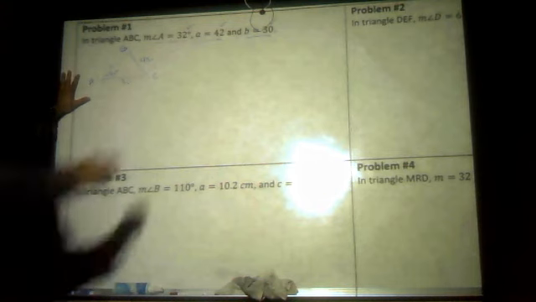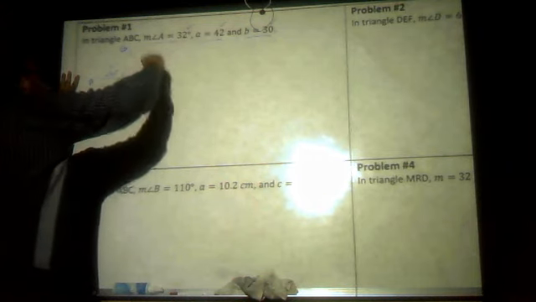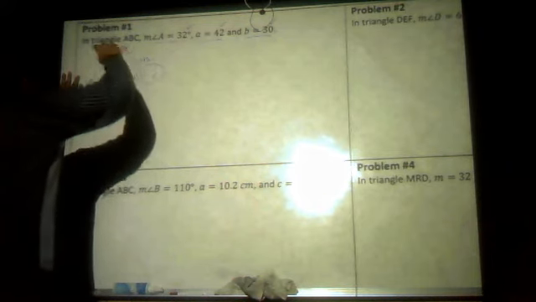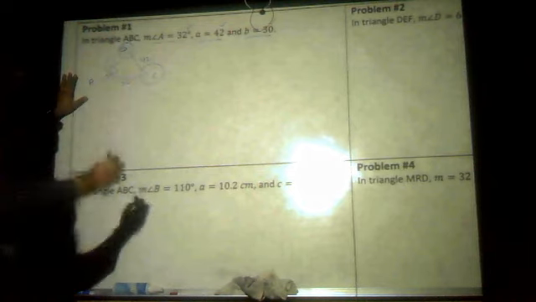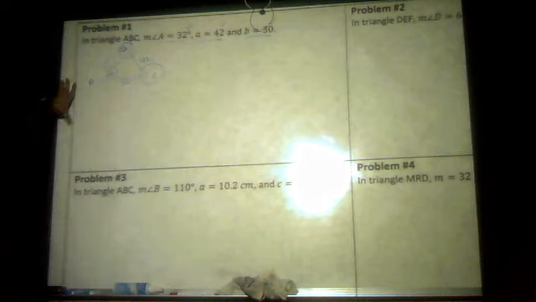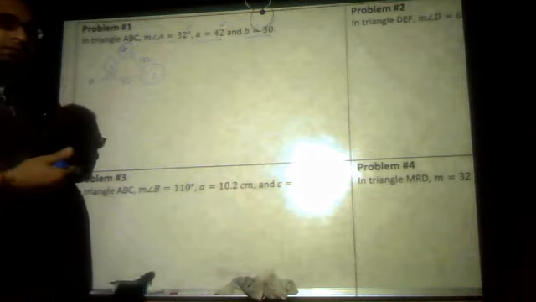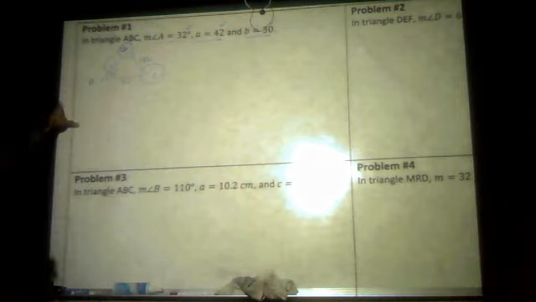So what are we missing? I go ahead and circle all of that: I circle angle C, angle B, and side little c. Well, first you have to ask yourself, do I have a side and an angle that corresponds to that side?